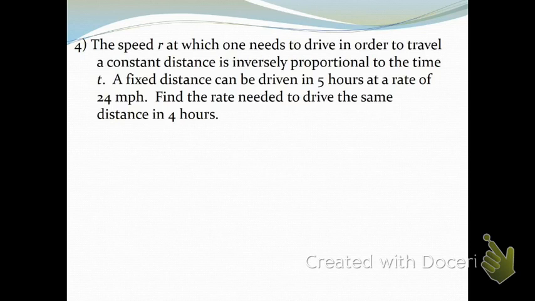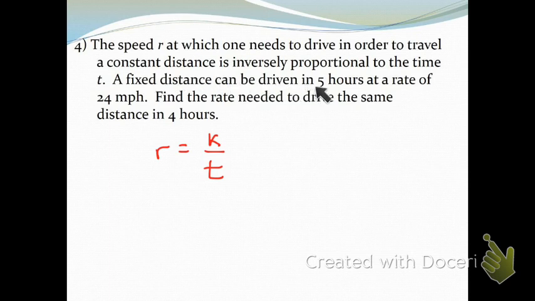So the speed r at which one needs to drive is inversely proportional to the time. Guys, look up on the board. It's the constant. So in this case, it's distance, but we're going to think of it as the constant because it's a fixed distance. So here we go.